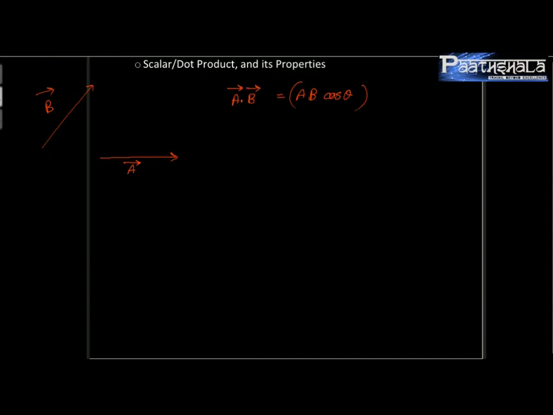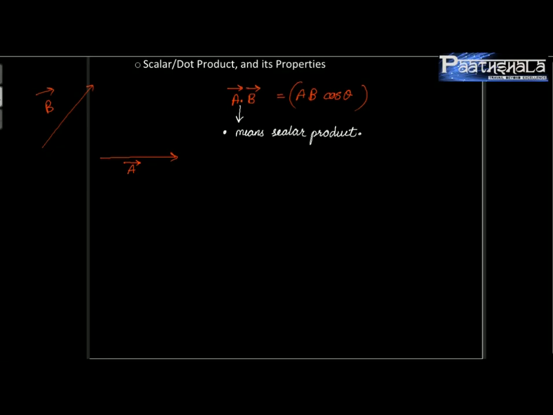The dot notation is used to represent the scalar product. Dot means scalar product. What does the scalar product denote mathematically speaking?